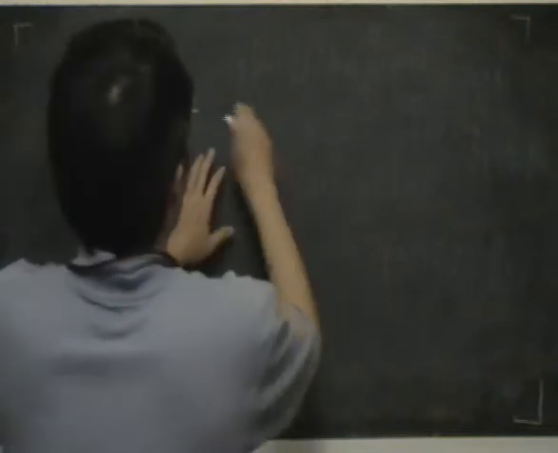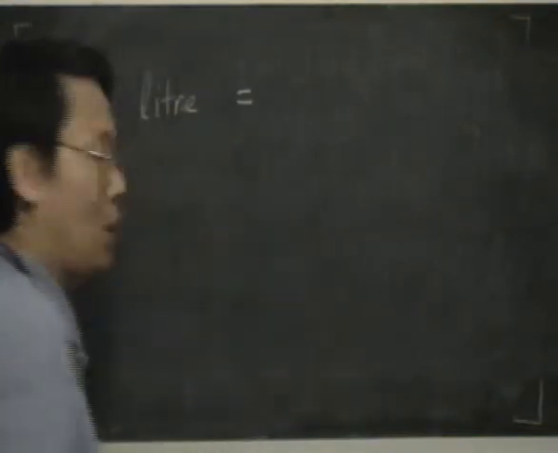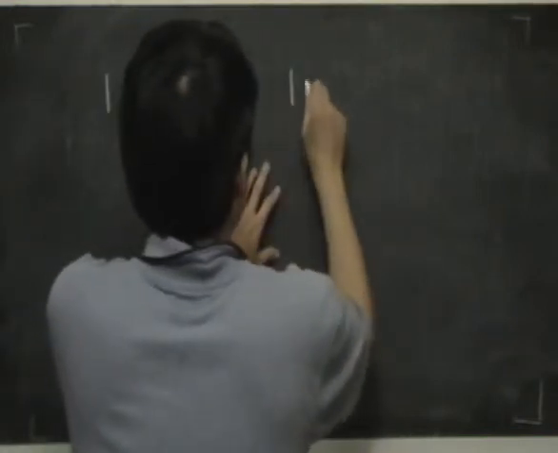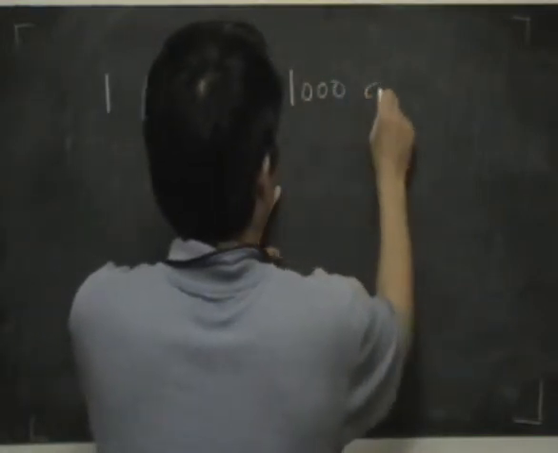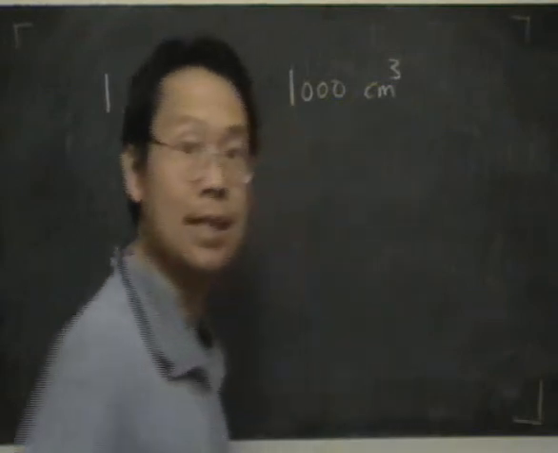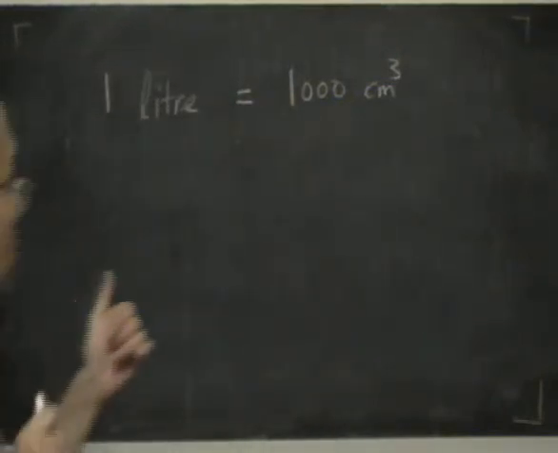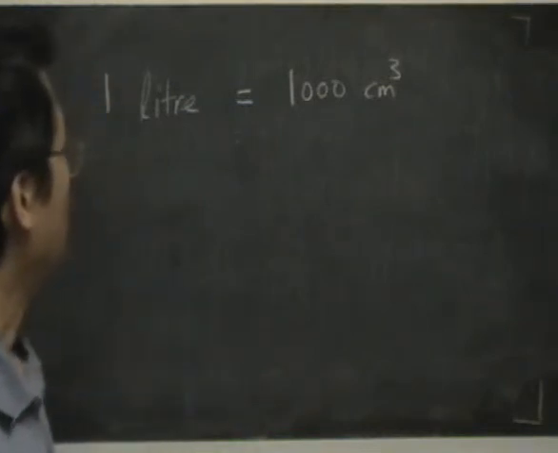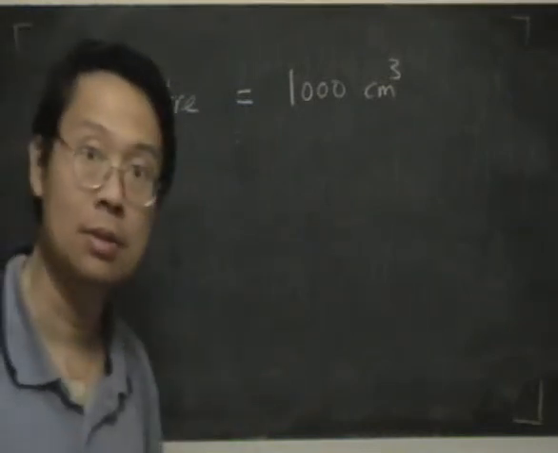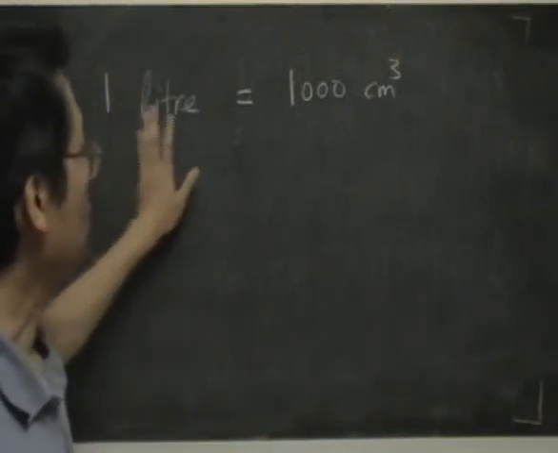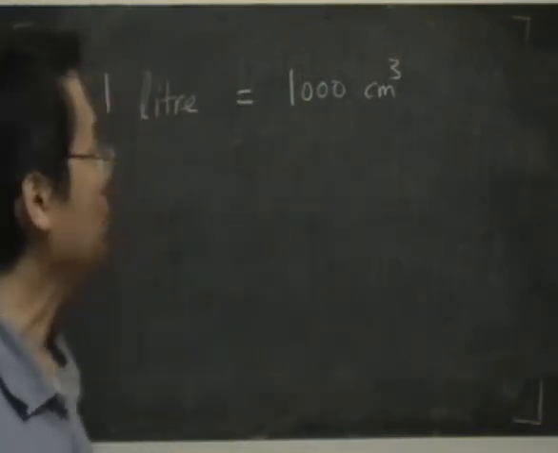Right, so the simple answer is 1 liter is equal to 1000 centimeter cubed. So that's the meaning of 1 liter in terms of centimeter cubed. 1 liter is 1000 centimeter cubed.